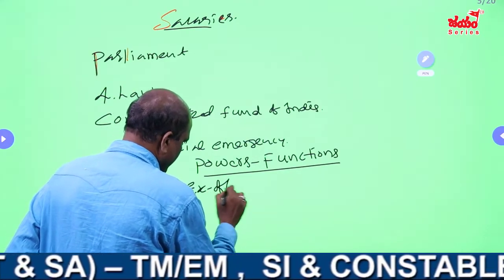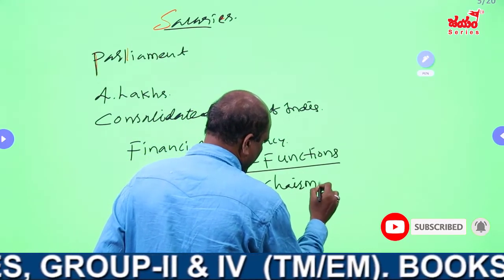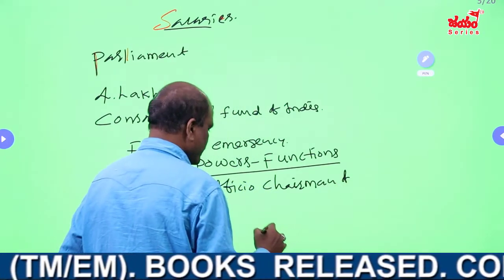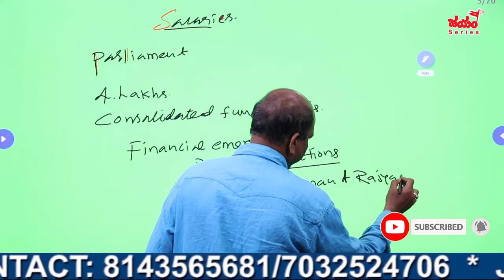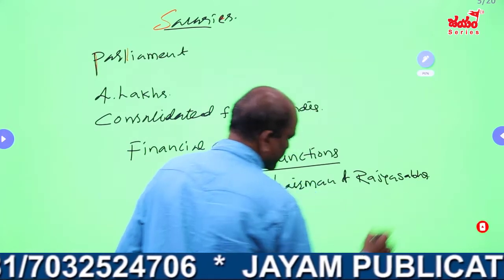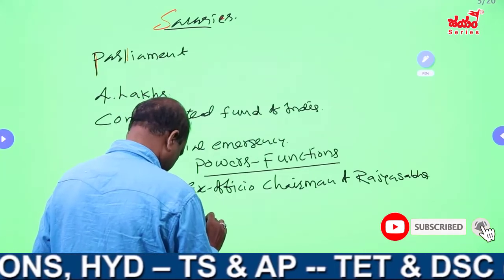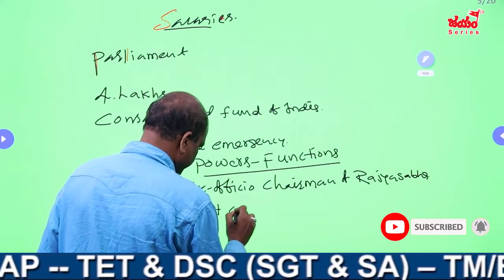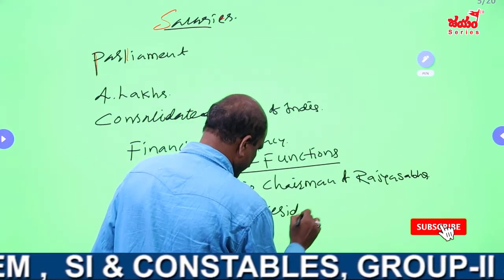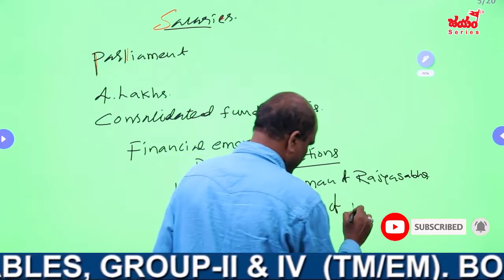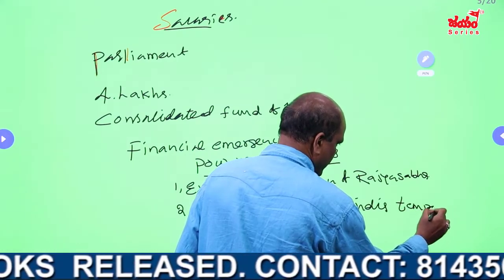One is ex officio chairman of Rajya Sabha, and the second is to act as President of India temporarily.